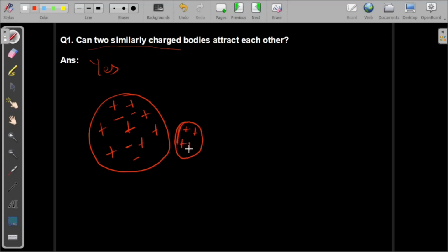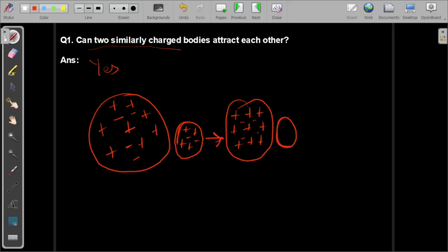Plus plus, minus minus, like this. If you take such bodies, one bigger and the other very small, what will happen due to the positive charges of the bigger one? What will happen on the smaller one when they are brought near to each other?